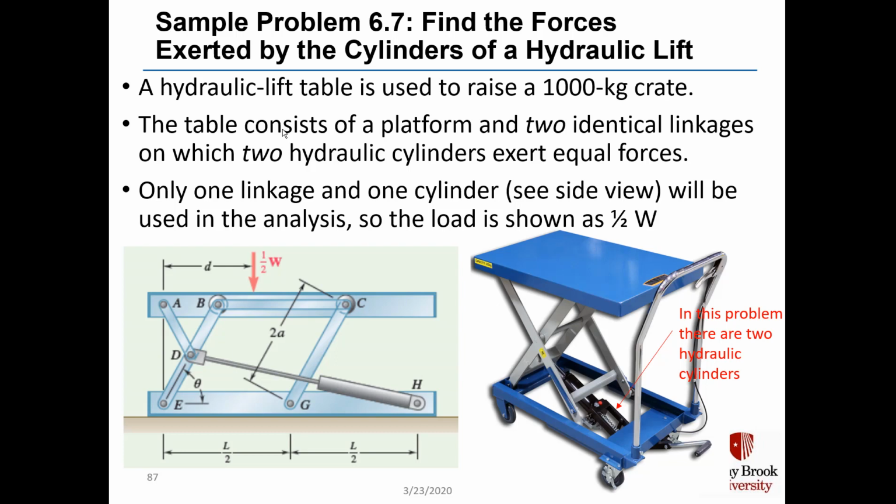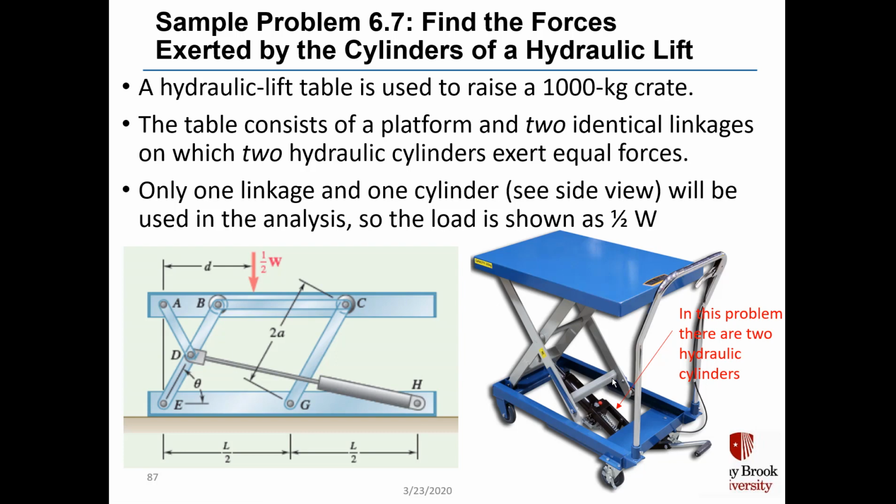The table consists of the platform, here's a side view and here's the isometric view, and two identical linkages on which two hydraulic cylinders exert equal forces. My photo only shows one hydraulic cylinder, but in our example, make believe there's one on the left and one on the right, which exert equal forces.